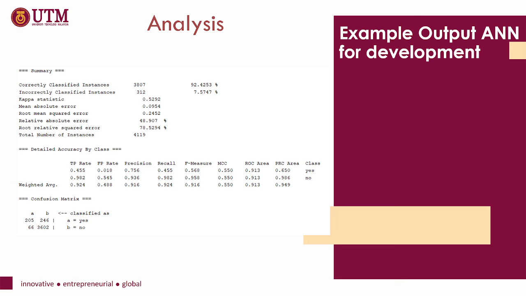Based on the instances, the data total is 4,119. Imagine if you use the manual or traditional way, but by system we can get an input and output which is really accurate. As we see here, the accuracy is about 92% and the incorrect is 7%.